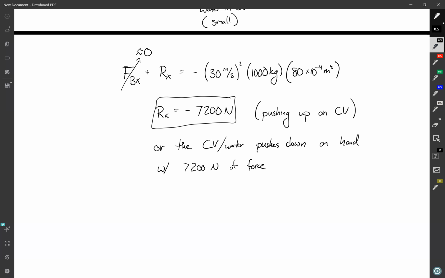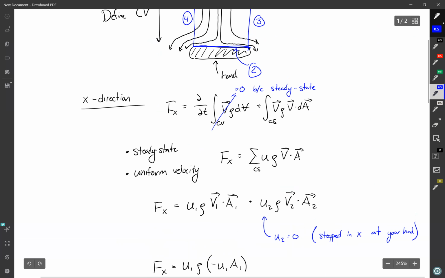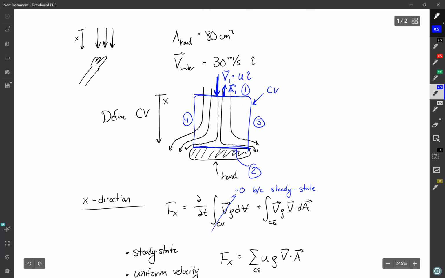So hopefully with this example, you see some of the key features of looking at problems like these. As maybe you can tell, really keeping track of what are the net forces acting on our control volume, and how we define the control volume itself, are challenging and take some practice. We do have specific directions that we're going to be looking at, like the x direction.